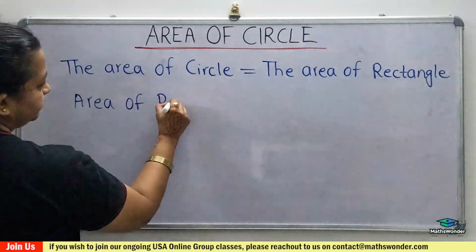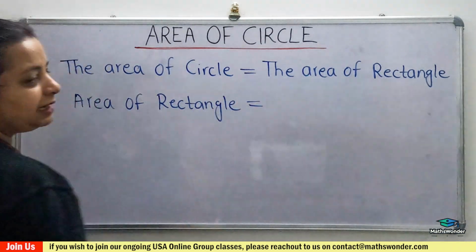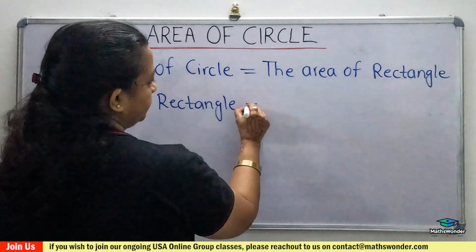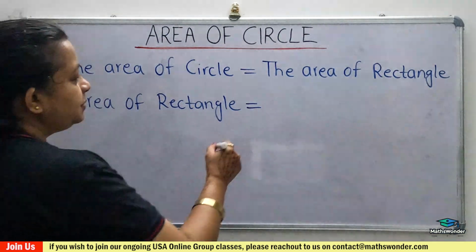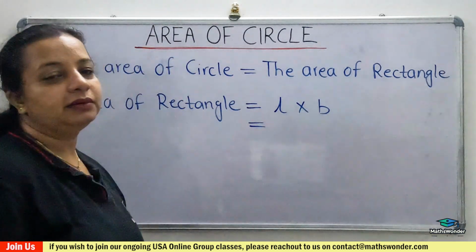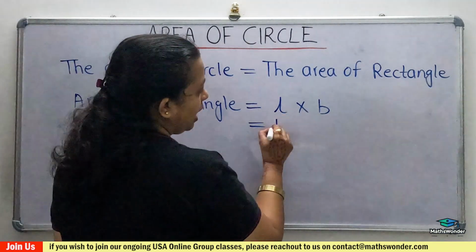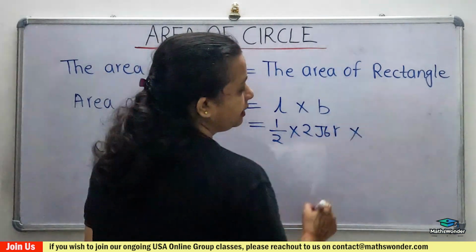Tell me. What is the formula? Obviously length times width. Yes, length times breadth, right? So what is our length according to the figure? Half of 2 pi r, isn't it?